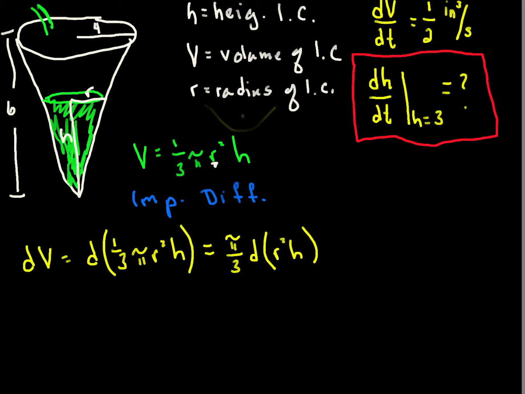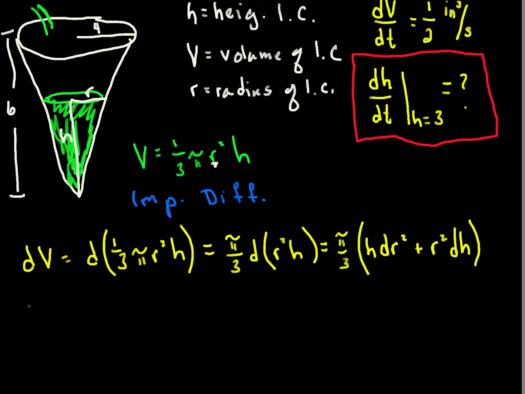And r is the radius of the ice cream, which again is changing as the cone fills up. And so I've got to use the product rule. This is pi over 3 times, so product rule is h d r squared plus r squared dh. Right, that's just the product rule. And then d r squared will be 2r dr.